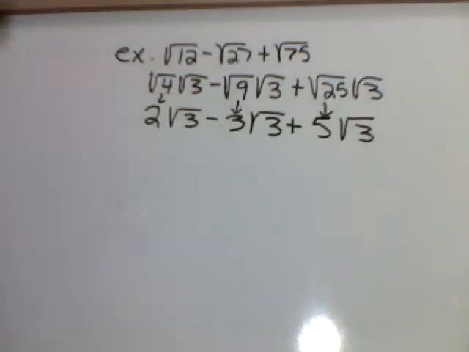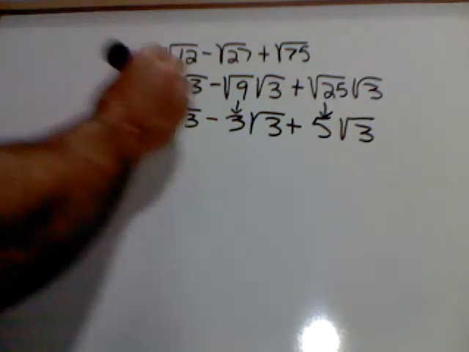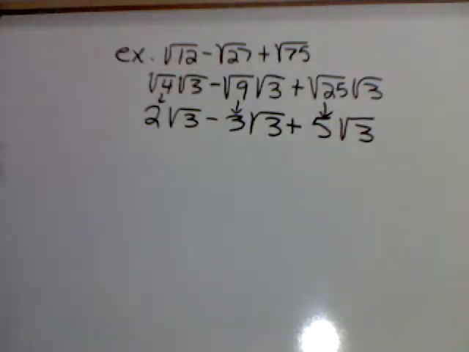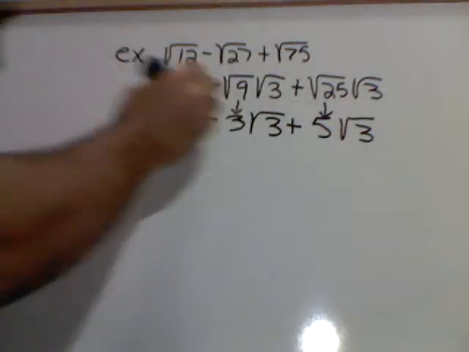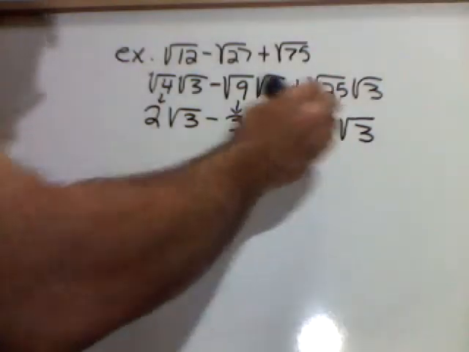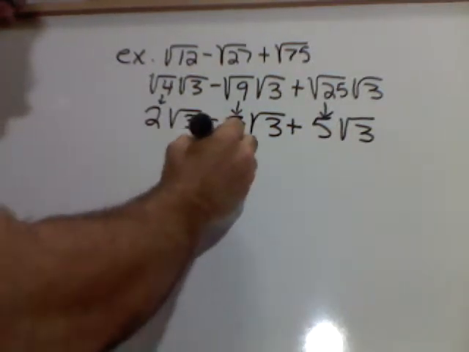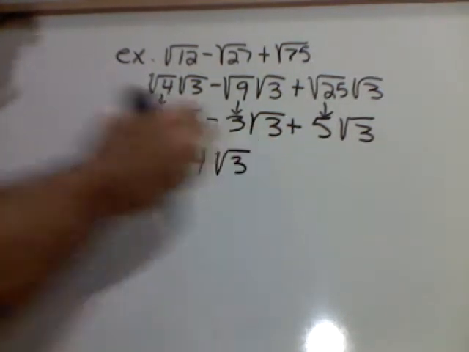Notice all my radicals match up, so I'm going to add the numbers in front and keep the radical the same. So 2 minus 3 is negative 1. Negative 1 plus 5 is 4, so my answer is 4 square root of 3s.